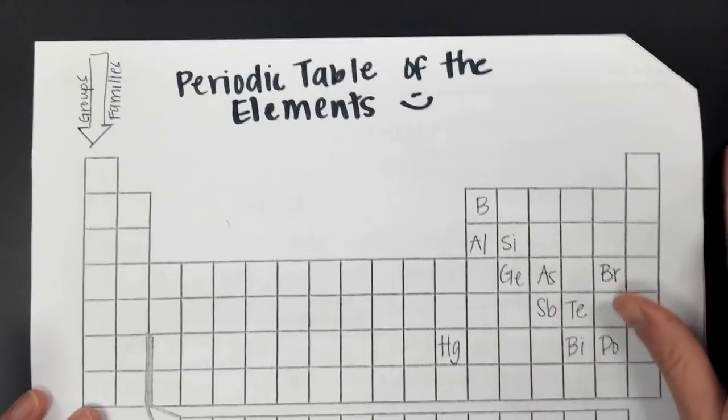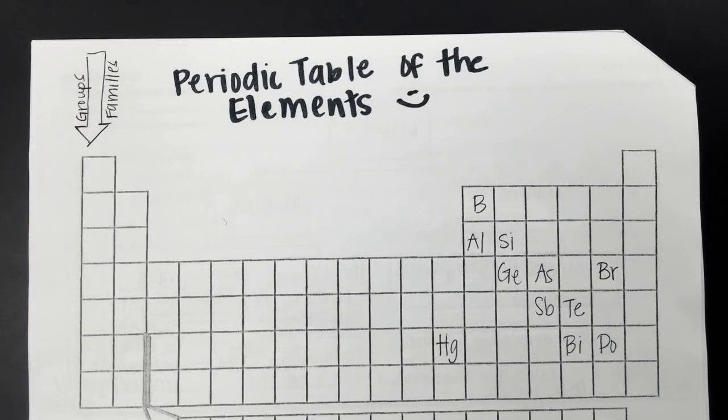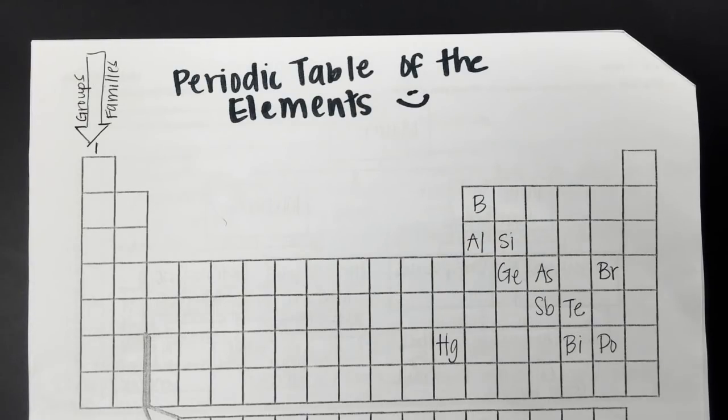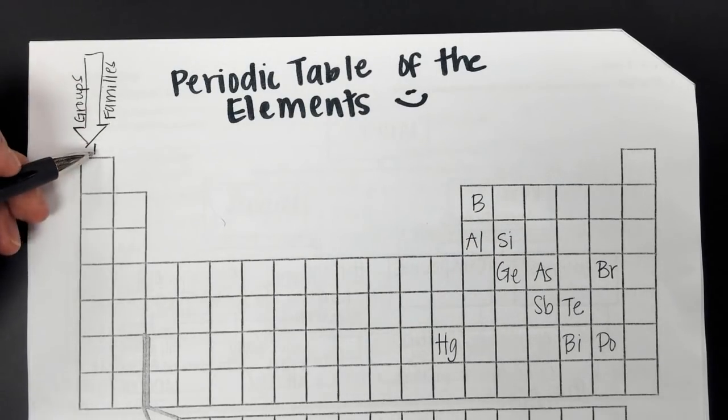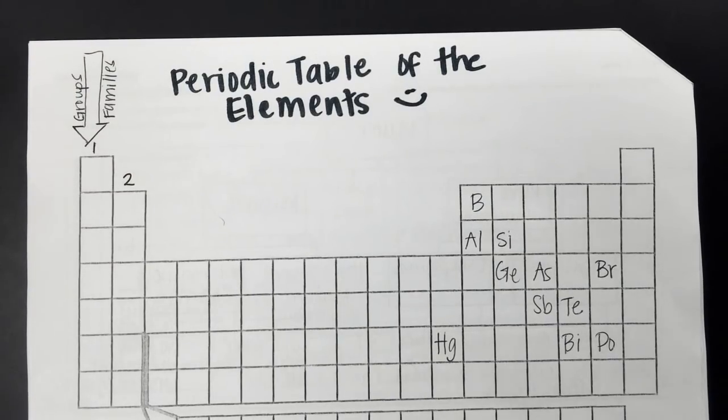Okay, they are numbered 1 through 18, and we're going to go ahead and do that, although those numbers don't come into play until a few units from now, but I can at least specify which group or which family I'm talking about. So this is family 1. They have a name that we will talk about later.